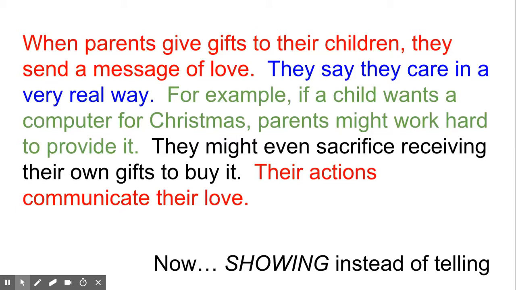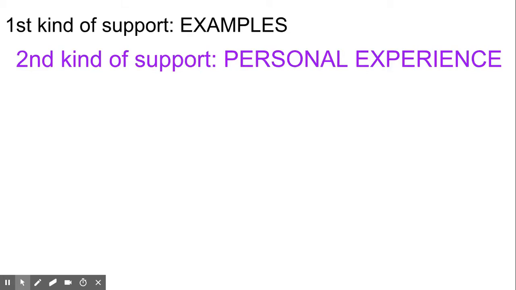Now we're going to back up a little bit and talk about showing instead of telling, because although this is in the SEE format, it's not the strongest paragraph that one could write. When you are showing and telling, sometimes you can bring into the essay your personal experience.